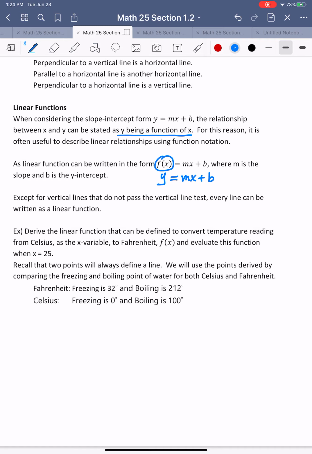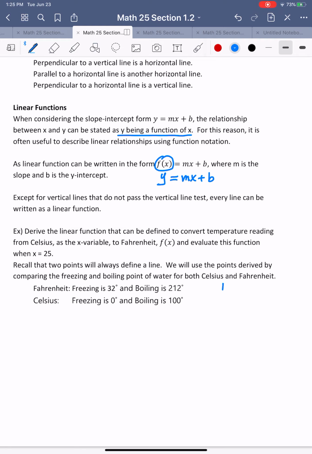Okay, so in this problem, derive a linear function that can be used to convert temperature readings from Celsius as the x variable to Fahrenheit f of x, which is the y value. Then evaluate the function when x equal to 25. Recall that 2 points will always define a line. We will use the points derived by comparing the freezing and boiling points of water for both Celsius and Fahrenheit.